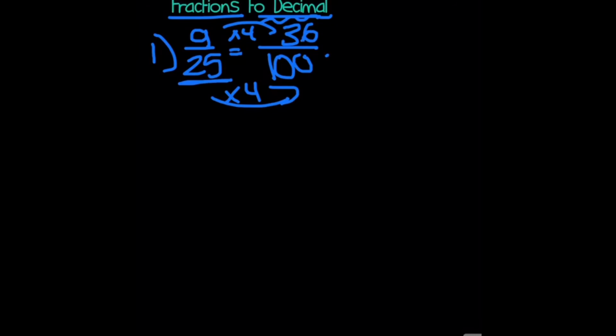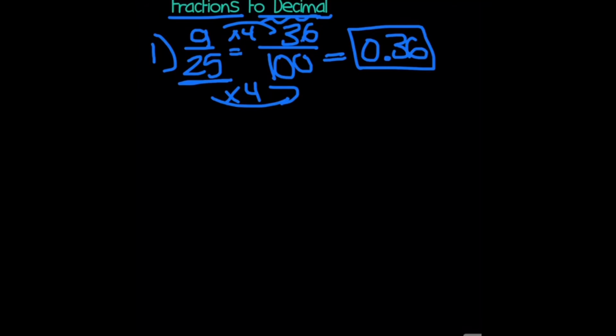Then you just plug it in as 0.36. However, this would not always work, but that's why I prefer to just get used to the long division method, because long division will always work.